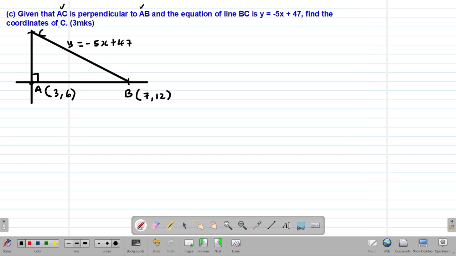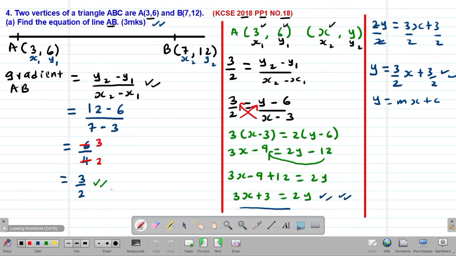So for me to find the coordinates for point C, I need to have the equation for the line BC and also AC. So what I'm lacking on AC is the gradient, because I already have the point A where AC is passing through. But because AC is perpendicular to AB and I already have the gradient of AB, remember we got the gradient of AB in part A, which was 3/2.